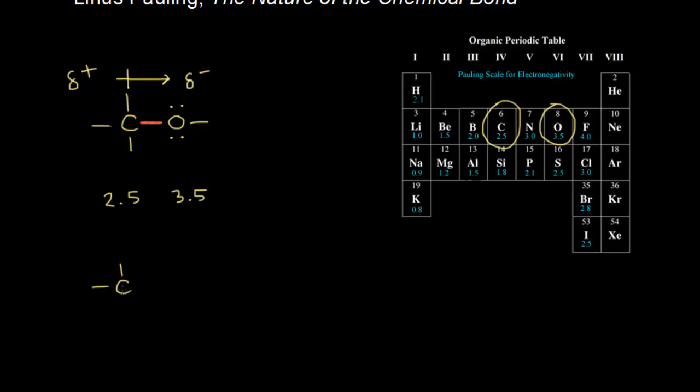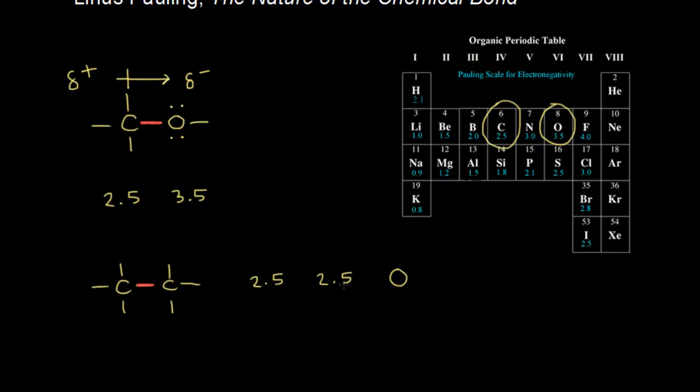So if we're thinking about a molecule that has two carbons in it, and I'm thinking about what happens to the electrons in red, well, for this example, each carbon has the same value for electronegativity, right? The carbon on the left has a value of 2.5, the carbon on the right has a value of 2.5. That's a difference in electronegativity of 0, which means that the electrons in red aren't going to move towards one carbon or towards the other carbon.